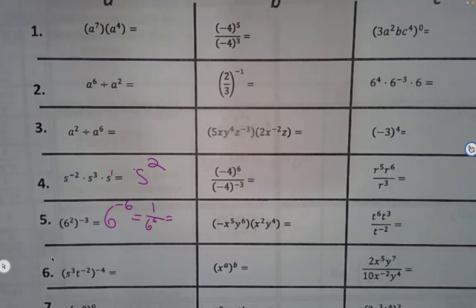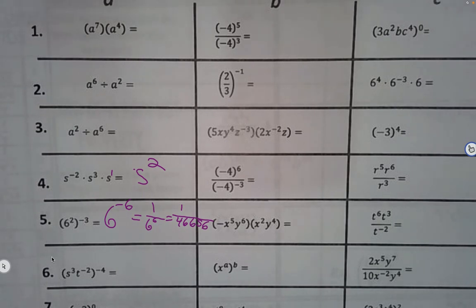Go ahead and find out what 6 to the 6th power is. 46,656. There you go.